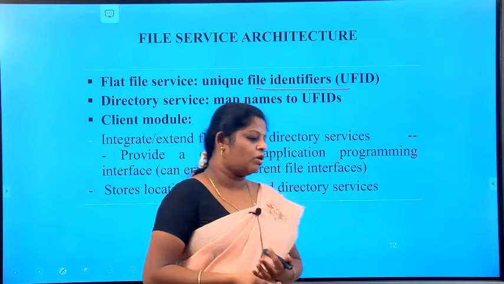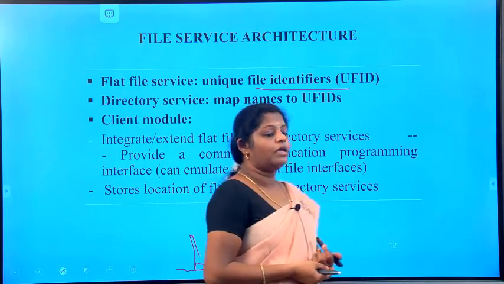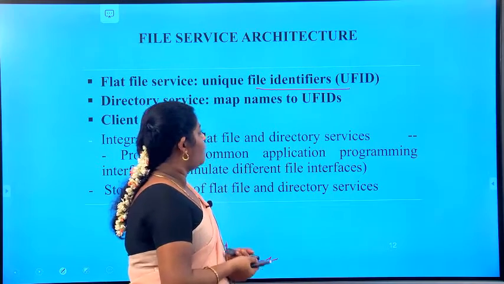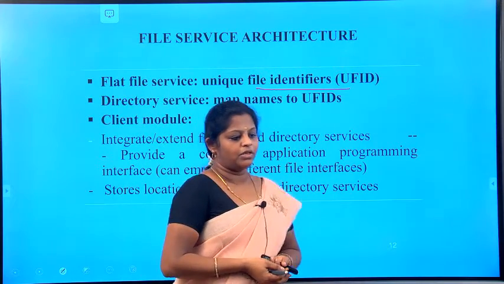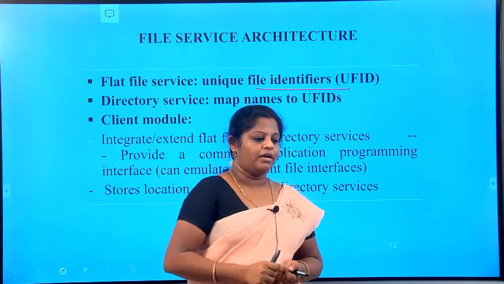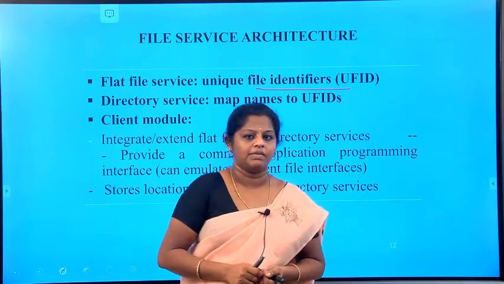The flat file service is always concerned with implementing the operations on the contents of the files. Why is this UFID required? A unique file identifier is required because it is used to refer to the file in all the requests for flat file service operations.